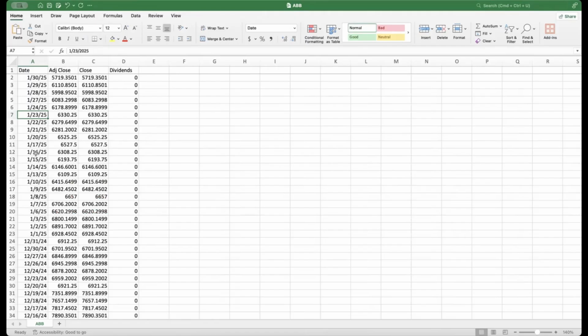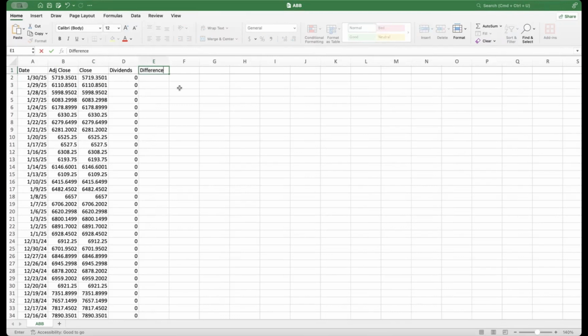The way I've arranged this data, which you'll get to know why later, is I started with the latest date, which is 30th of Jan 2025, and went backwards from there. So if you see here, the adjusted close price and the close price are exactly the same for today's data, the latest data.